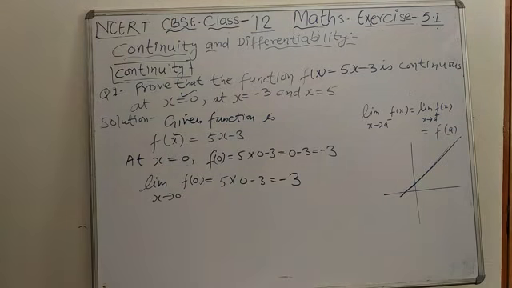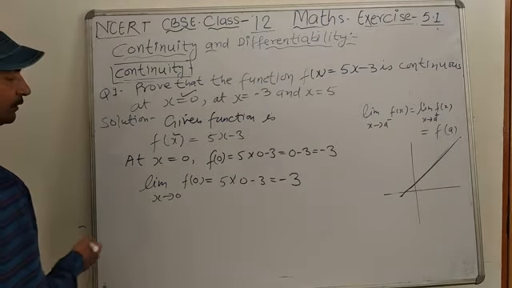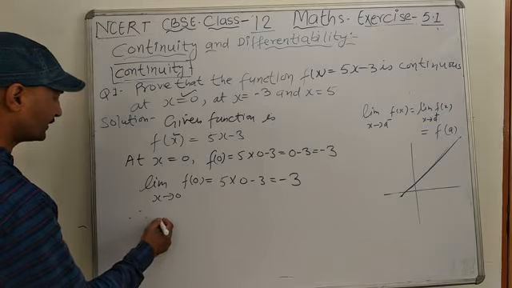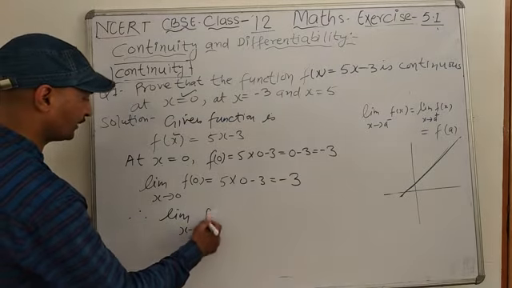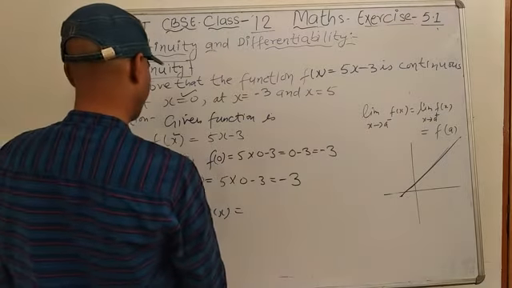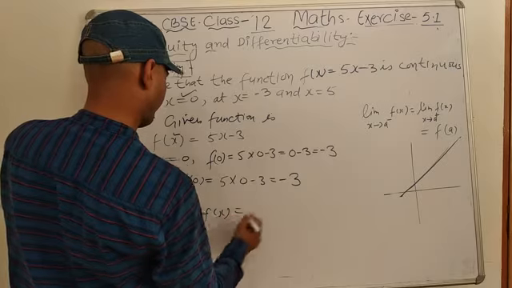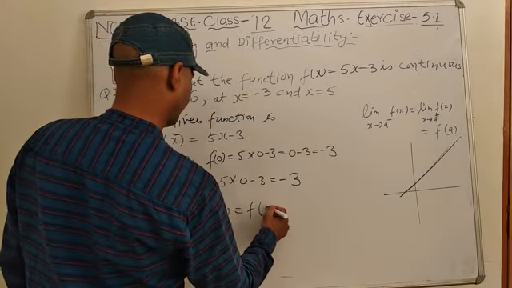The limit as x tends to 0 of f(x) is also minus 3, and that means the limit as x tends to 0 of f(x) equals f(0).